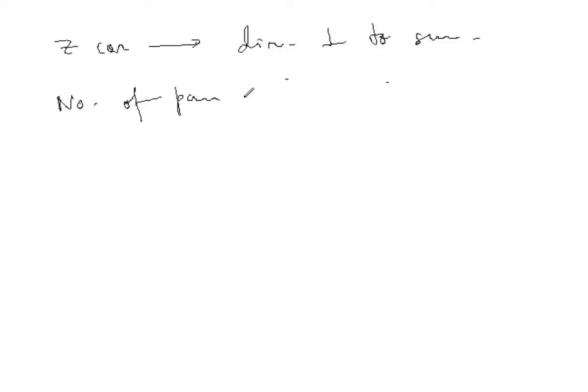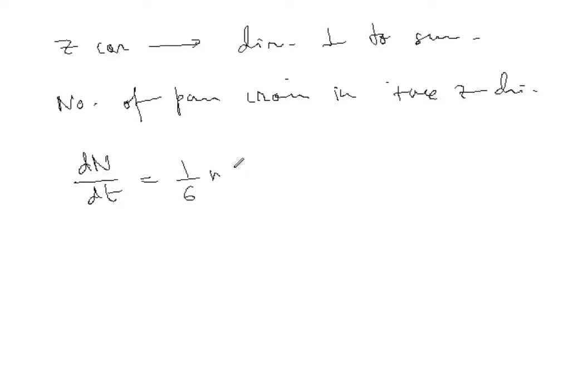If z coordinate is the direction perpendicular to the surface, then the number of particles crossing in the positive z direction, what is it? This is basically dn/dt = (1/6) n v_avg. Now why does this 1/6 occur?